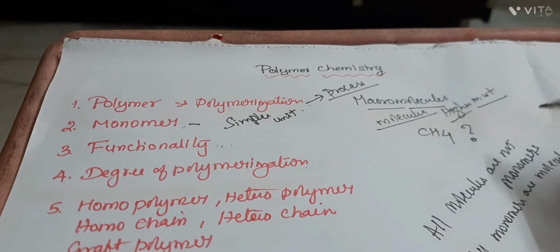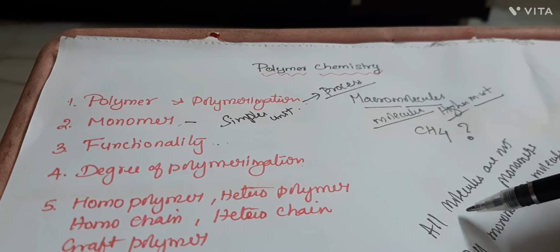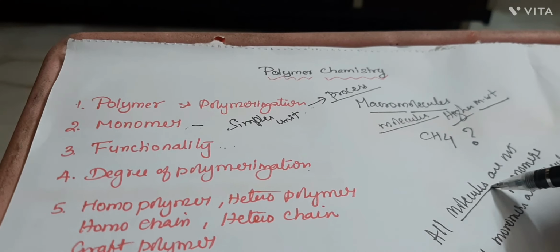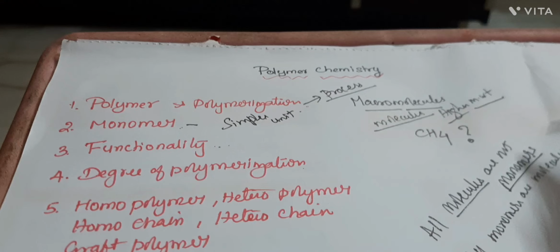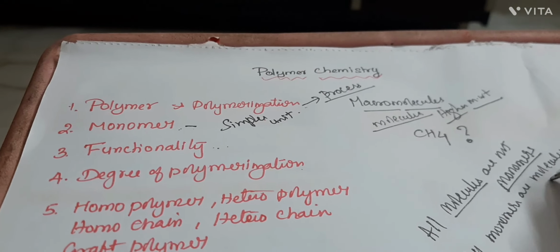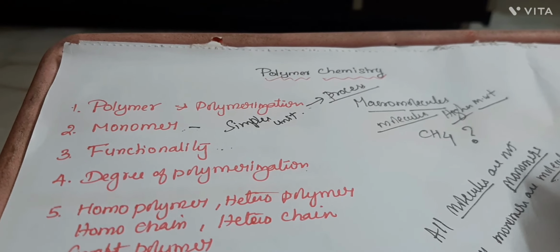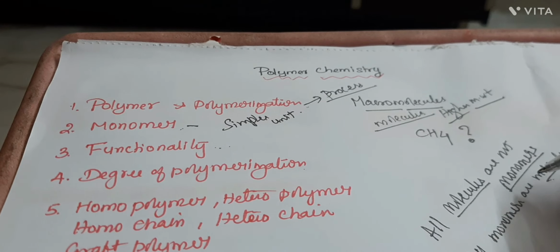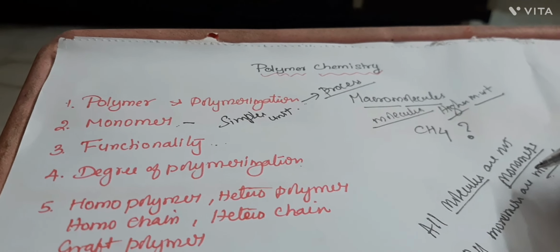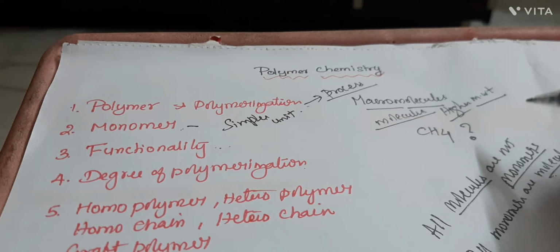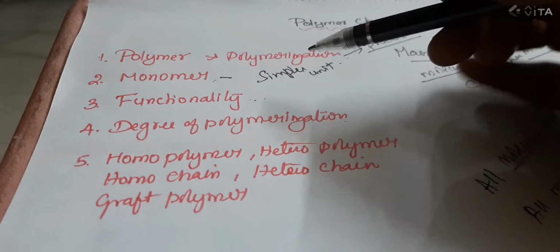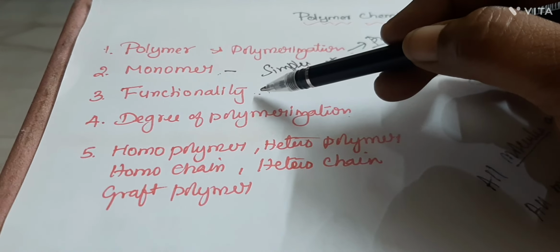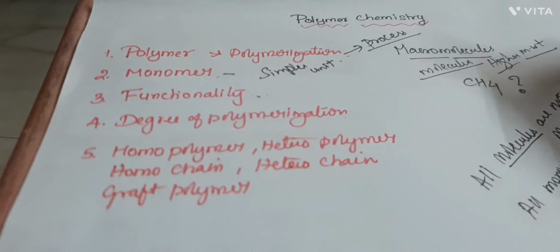This is because we cannot polymerize all the molecules. All the molecules cannot act as a monomer, but monomers are molecules only. So what is the essential condition for polymerization? The molecules must possess at least two functionality.